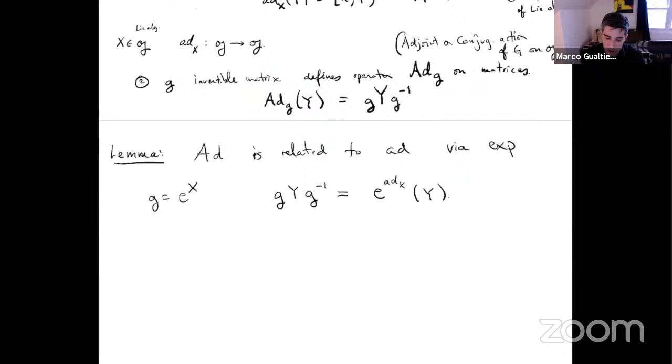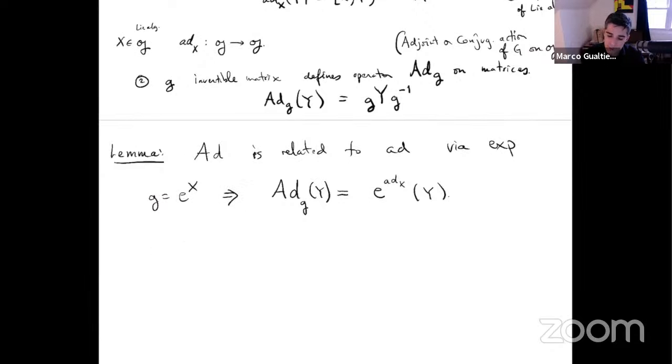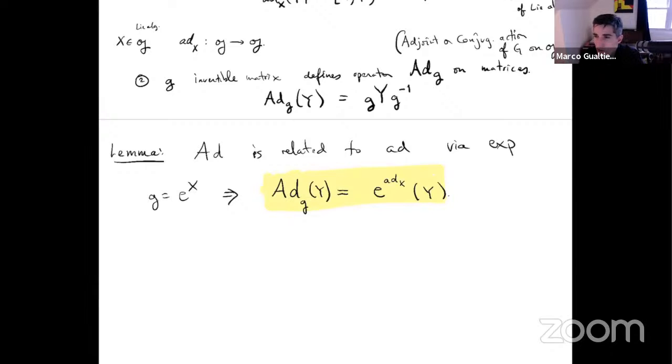Sorry, instead of this, I'll just write it as big Ad of G on Y, like this. And then you could really remove the Y from this. It's just an identity of operators.